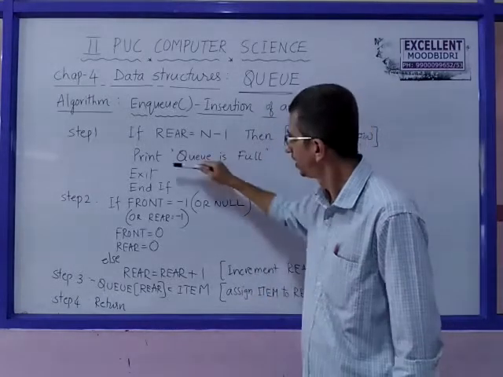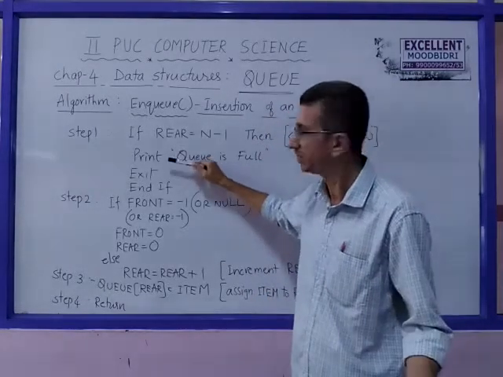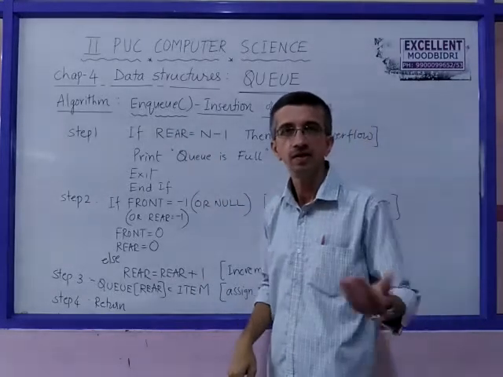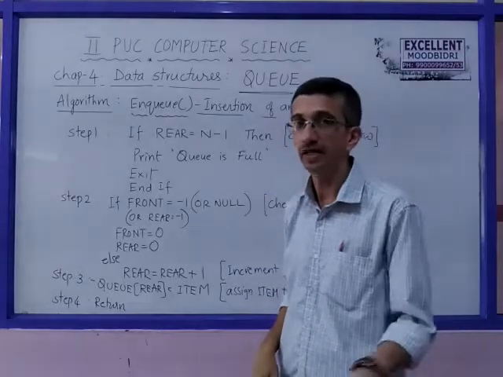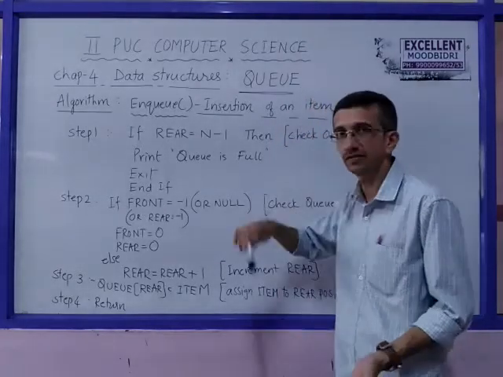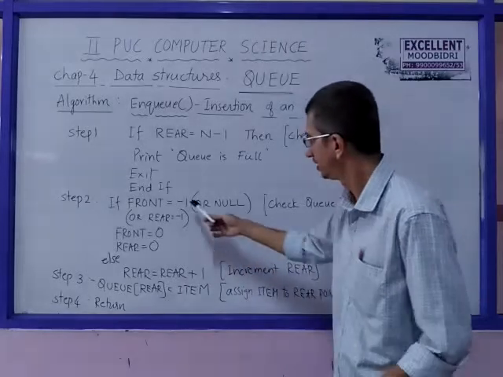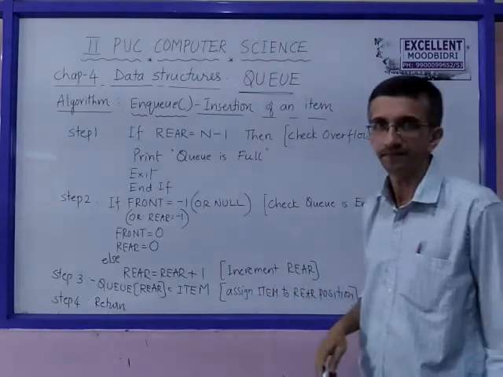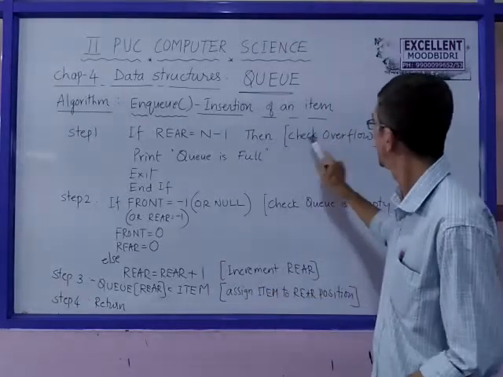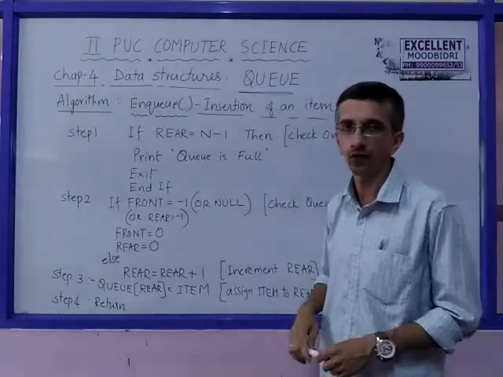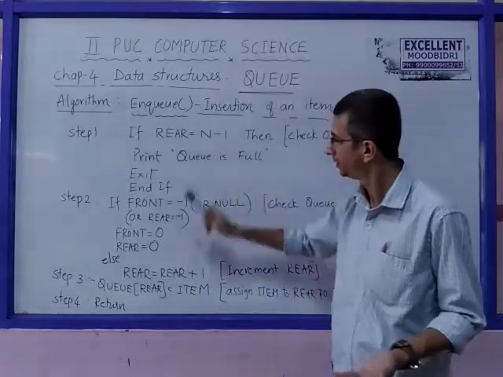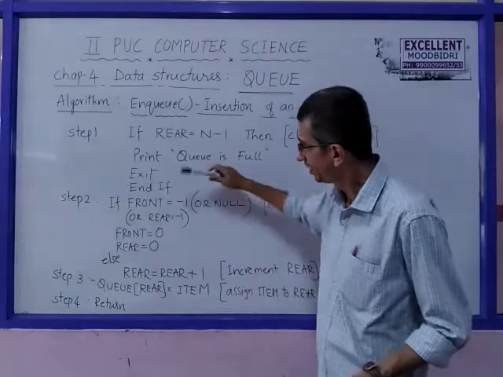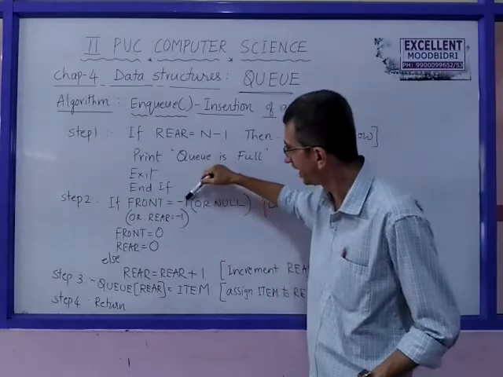So if it is full, exit; we cannot insert any item. If not, either the queue is completely empty or partially filled. In that case, we can definitely insert a new item. Step 2 is regarding checking whether the queue is empty. The first case we have seen is checking overflow, the condition called overflow when the queue is full. If not, it can be empty. If it is empty, that means front is equal to minus 1 or null.